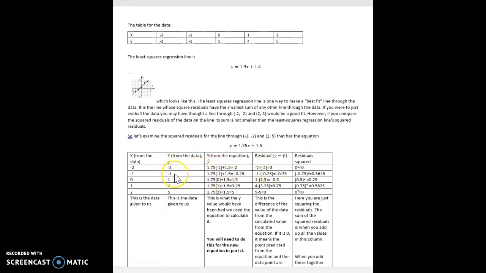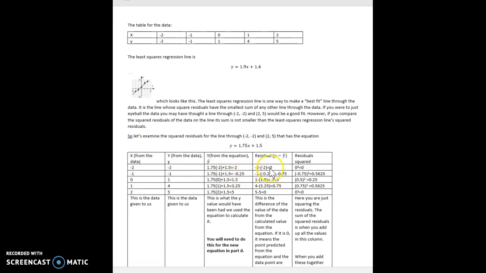Then I have a -1 minus 0.25, which is -1.25... wait, as stated: a -0.75. 1 minus 1.5, which is -0.5. 4 minus 3.25, which is 0.75. And 5 minus 5, which is 0. Okay, so the residual is how far off your predicted value y hat is from your given value y that was from your data.